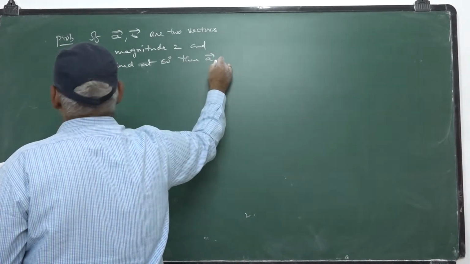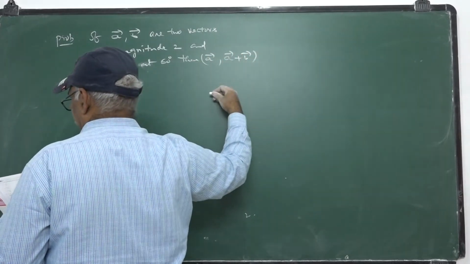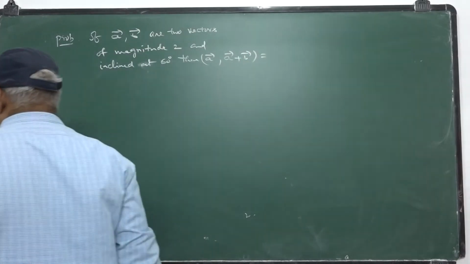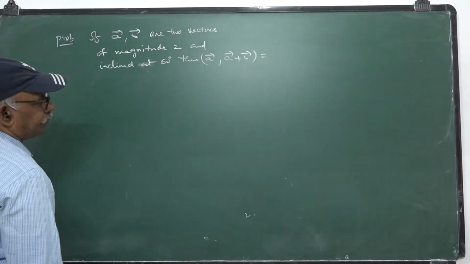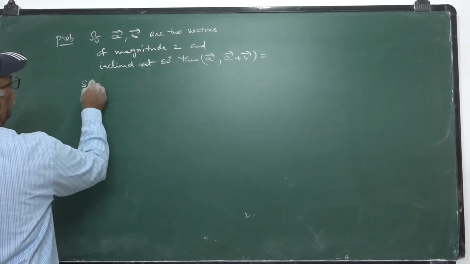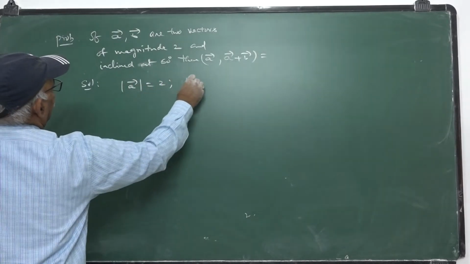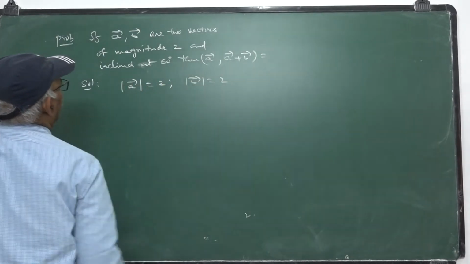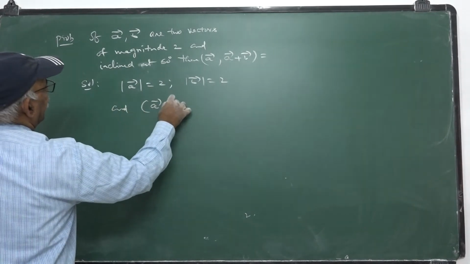the angle between a bar and a bar plus b bar is... a bar and b bar are two vectors of magnitude 2, both inclined at an angle 60, then the angle between a bar and a bar plus b bar is: here modulus of a bar equals 2 and modulus of b bar is 2, and the angle between a bar and b bar is 60.